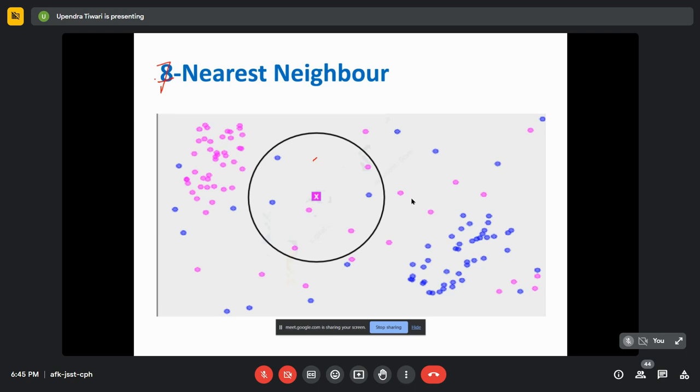So automatically this new input will be classified as pink class.